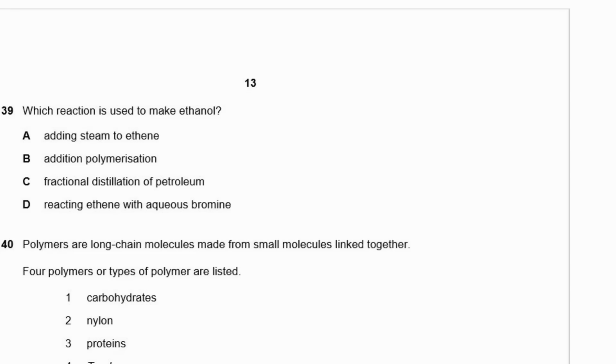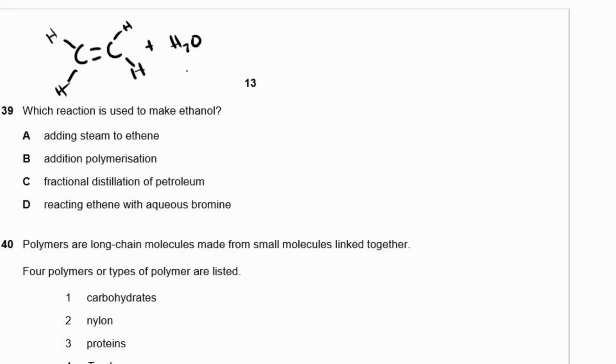Question 39. Which reaction is used to make ethanol? Okay, so A, adding steam to ethene. So we start off with ethene, C, double bond C, H, H, H, H. And we add steam, H2O.